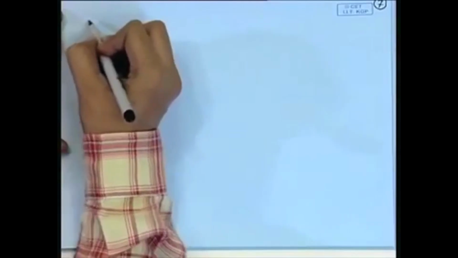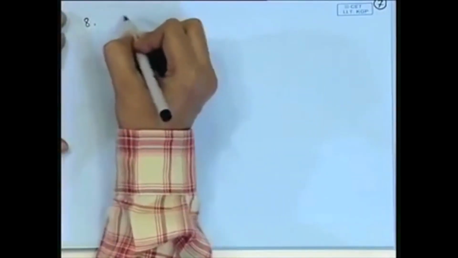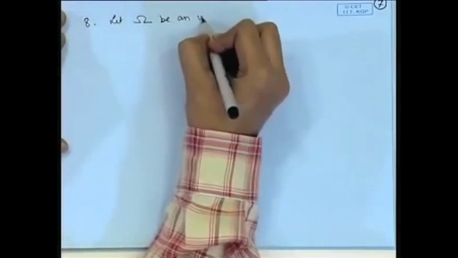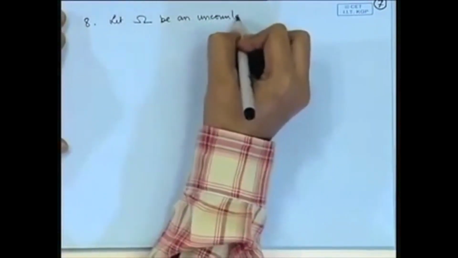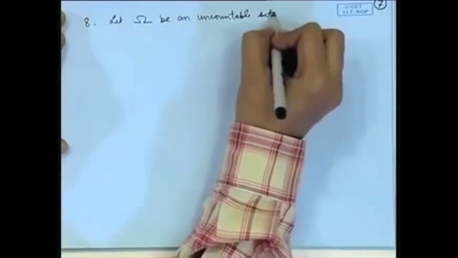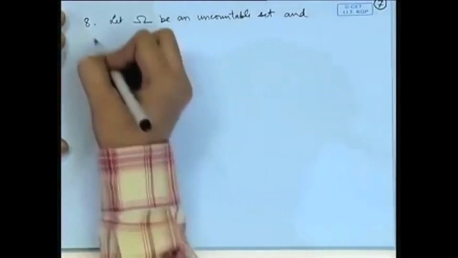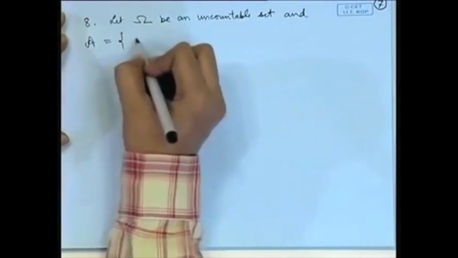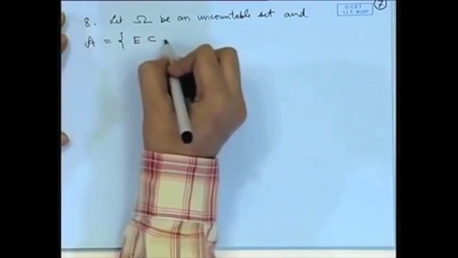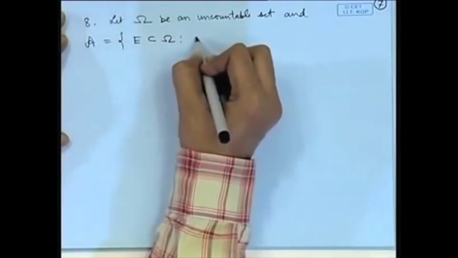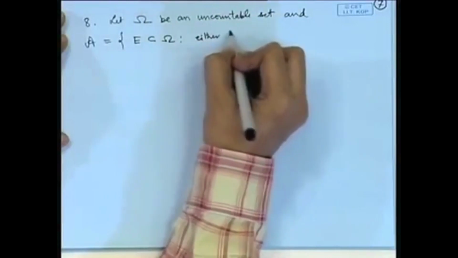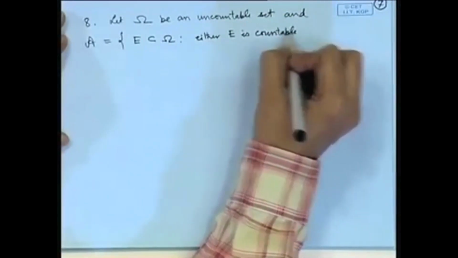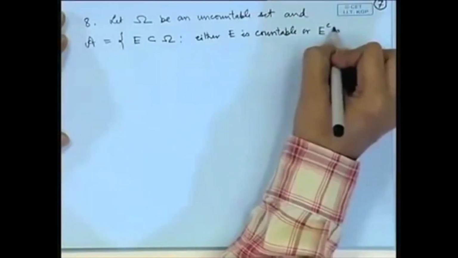So let us consider omega to be an uncountable set, and A is the class of all subsets E of omega such that either E is countable or E complement is countable.